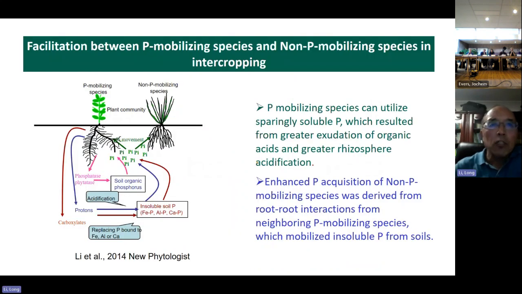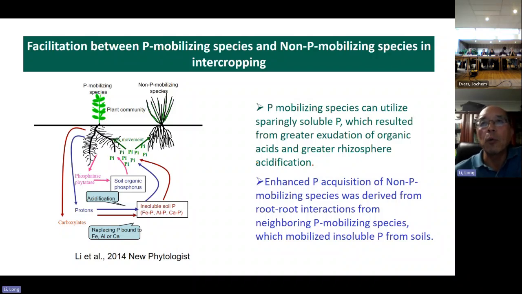So far we can explain the facilitation between phosphorus-mobilizing species and non-phosphorus-mobilizing species in intercropping. Phosphorus-mobilizing species can utilize sparingly soluble phosphorus, which results from greater exudation of organic acids and greater rhizosphere acidification.